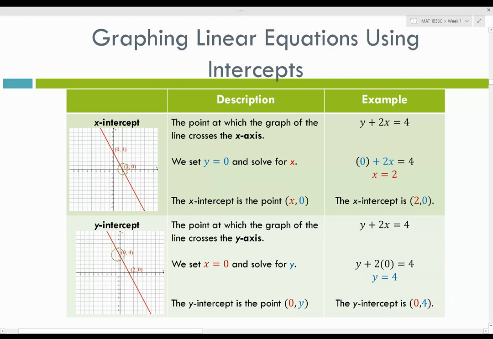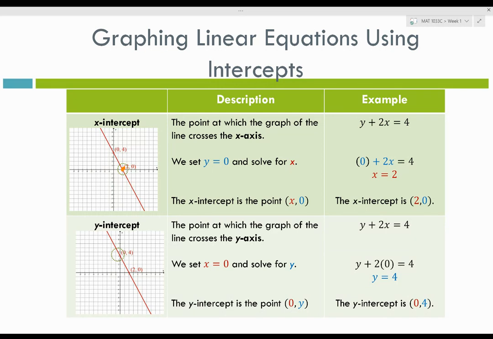Depending on what they ask you to do, if they give you a graph and ask you to identify the x-intercept, that's easy. All you need to do is look to see where your line physically crosses the x-axis. In this picture, this is our x-intercept. But if you've been given an equation, the way that you find it is that you set y equal to 0 and solve for x.